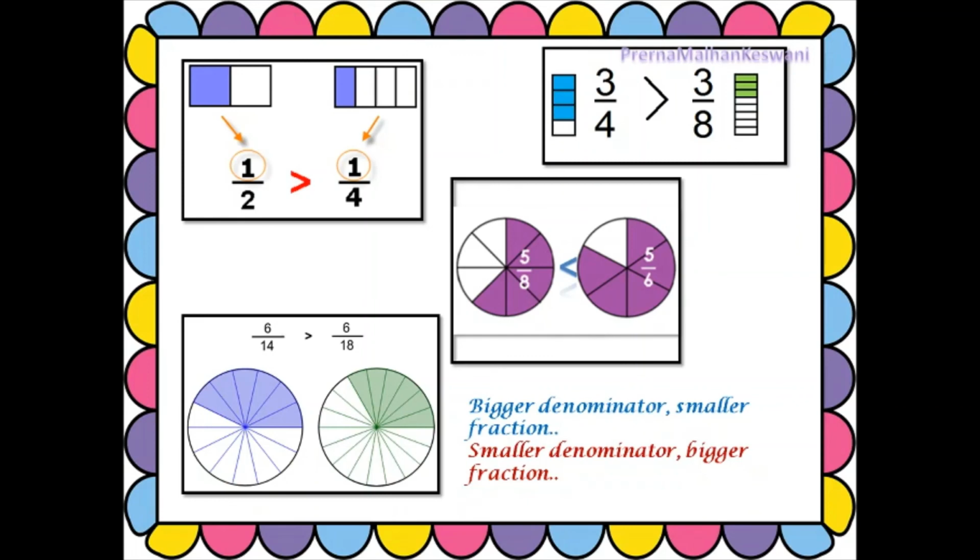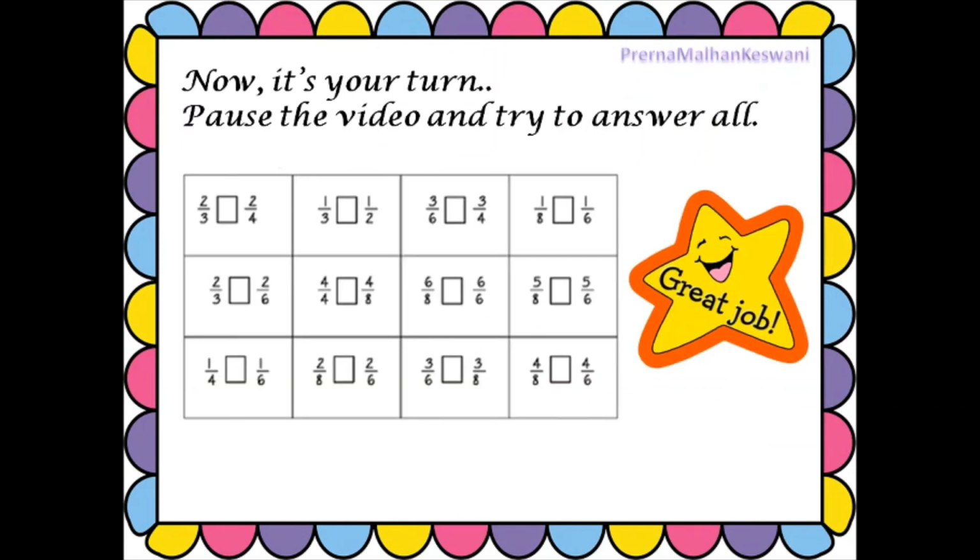So 6 by 14 as a whole will be greater than 6 by 18. Now again, it's your time to pause the video and try these questions given in front of you.